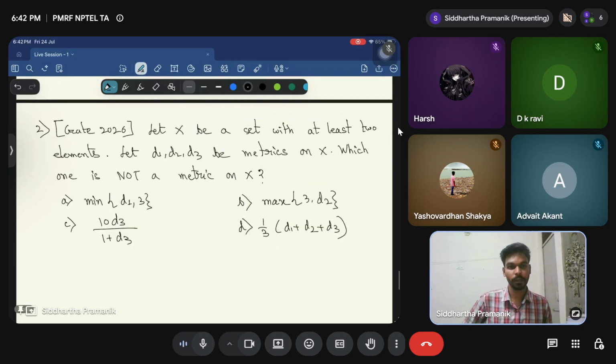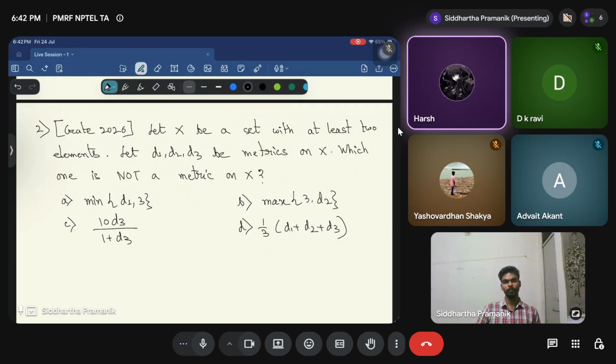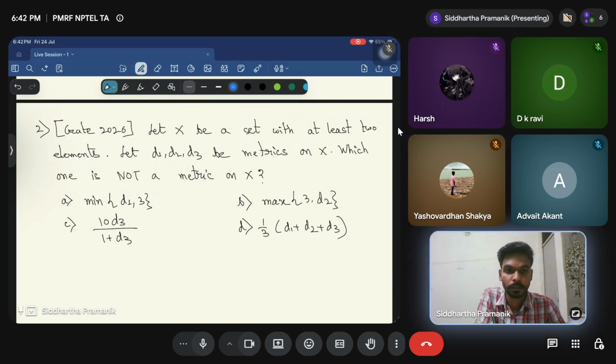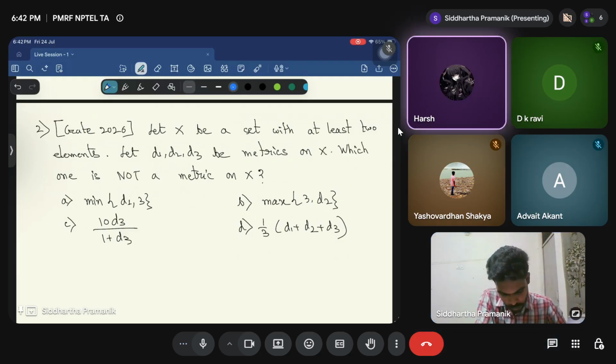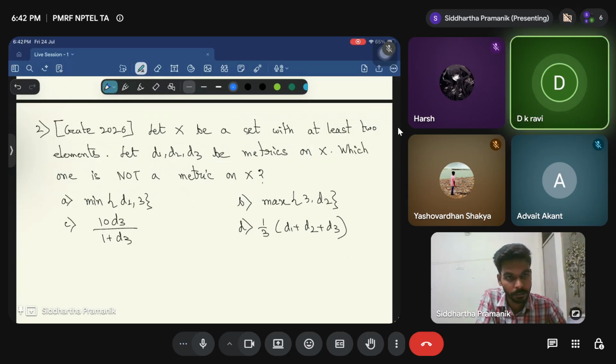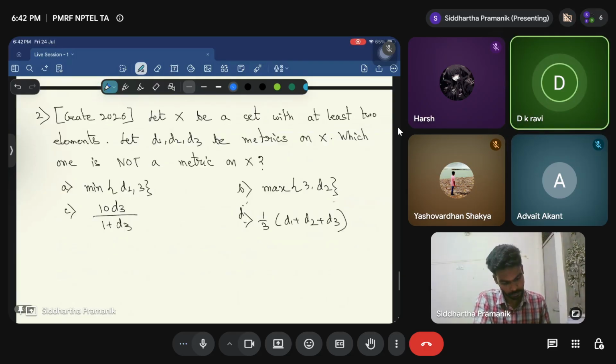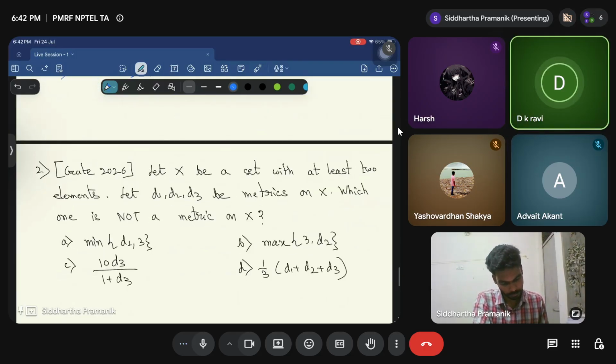So which one is not a metric in general? Sorry, you can also write in the chat box if you are not able to speak. The first one is not a metric. Sir, the second one is not a metric, since if you take d2 is 0, d of xy is equal to 0, the maximum will be 3.